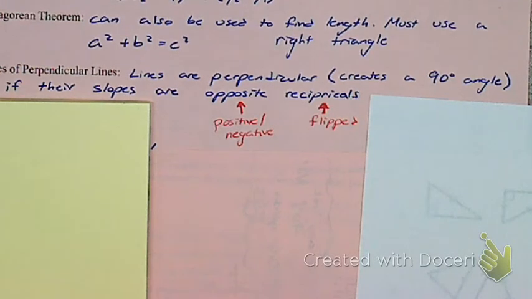Opposite means if one's positive, the other one's negative. If one's negative, the other one's positive. Reciprocal means flipped.